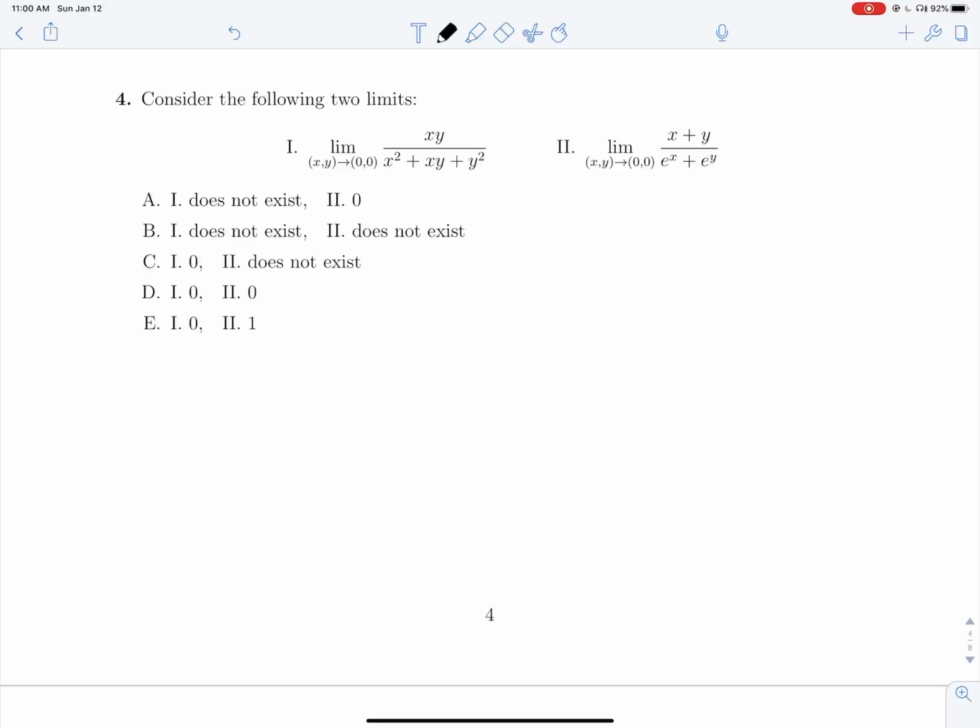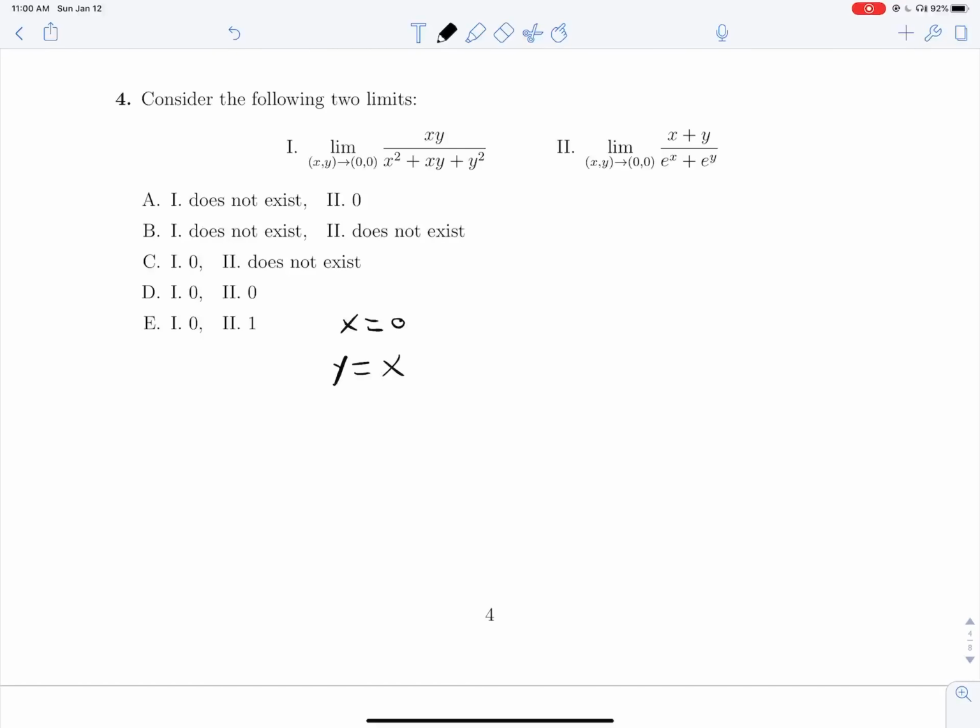And so at this point, it's probably worth it to try the two-path test just to prove that it doesn't exist for good. So really the only two paths that you ever need to check are x equals 0 and y equals x.